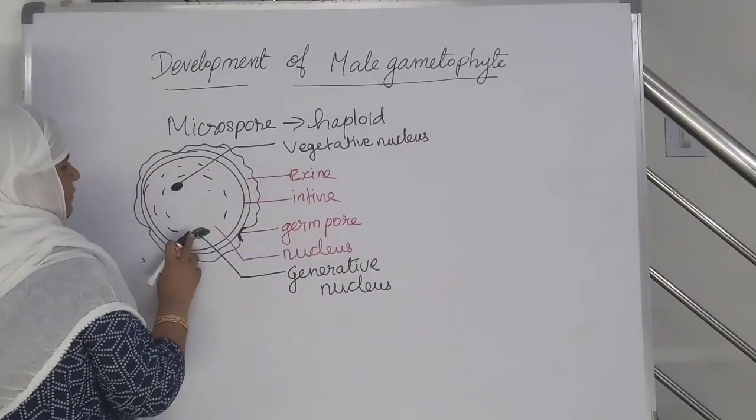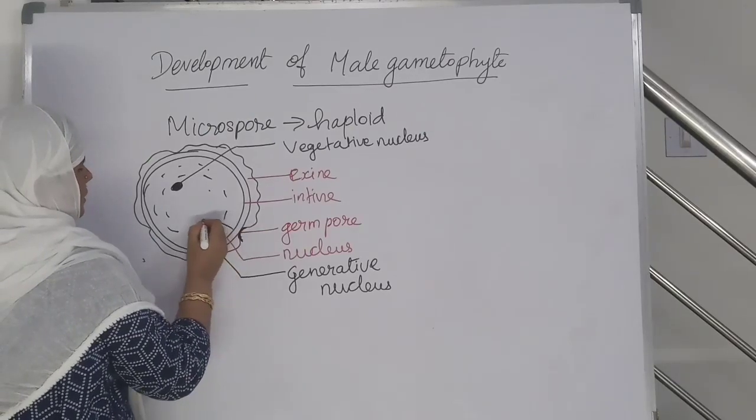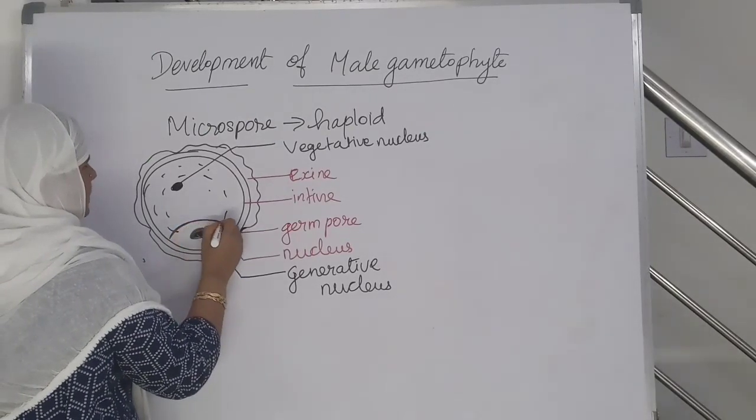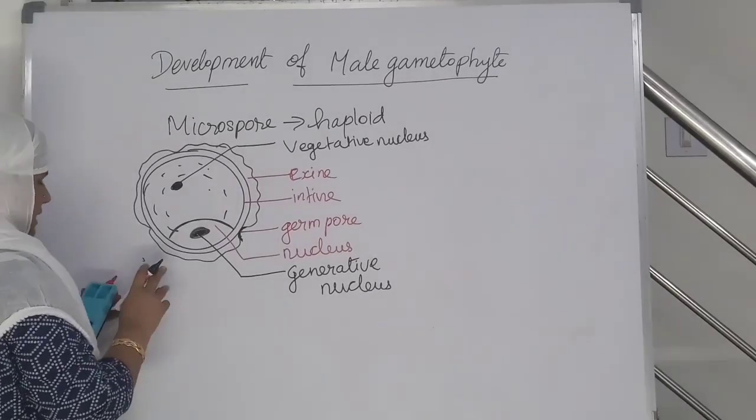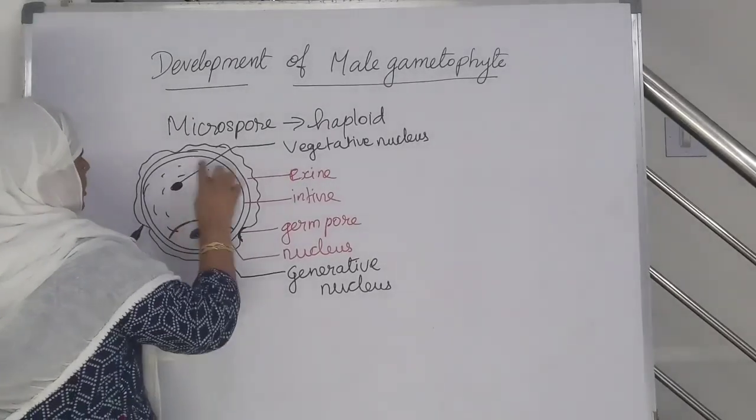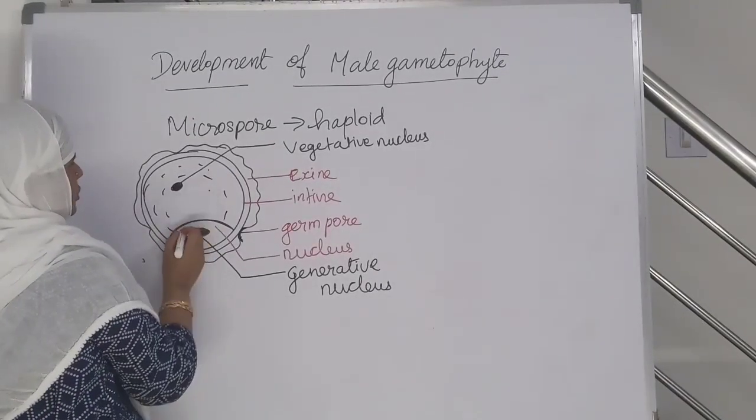Surrounding this vegetative nucleus, a wall is developed. That is why the pollen grain is differentiated into two cells.